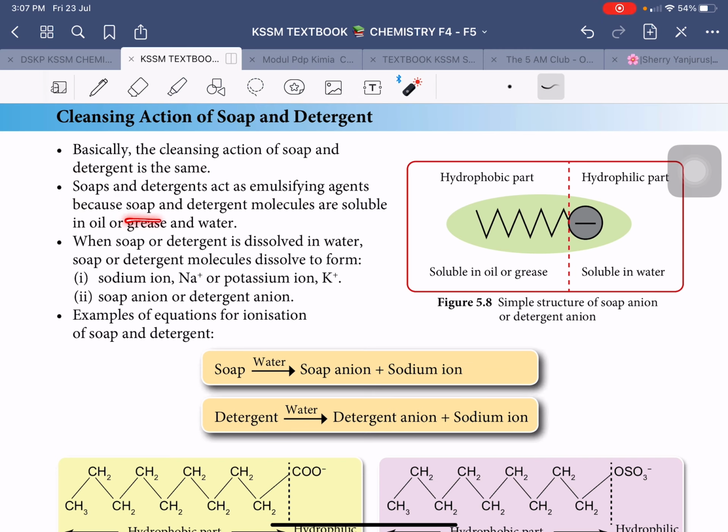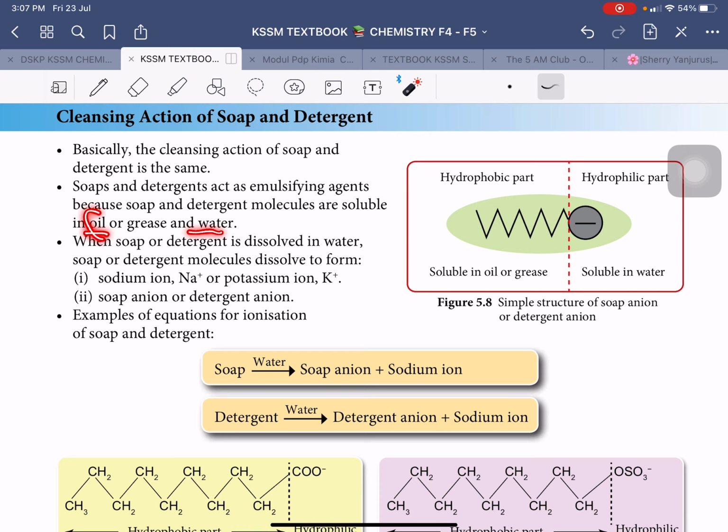Kenapa? Because soap and detergent molecules are soluble in oil or grease, boleh larut di dalam minyak ataupun grease and water. Sebab itulah mereka itu dikenali sebagai agen pengemulsi. Okay, ingat saja emulsi itu is to combine minyak dan lemak dan air.